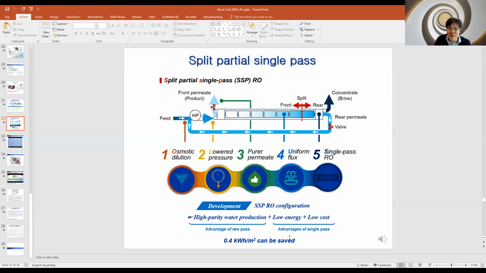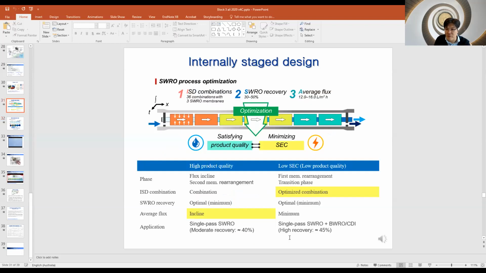So in your assignment, you can try to design this way, but I'm sure it isn't required for your assignment to design this SPSP system, because this will be more complicated for your desalination design.